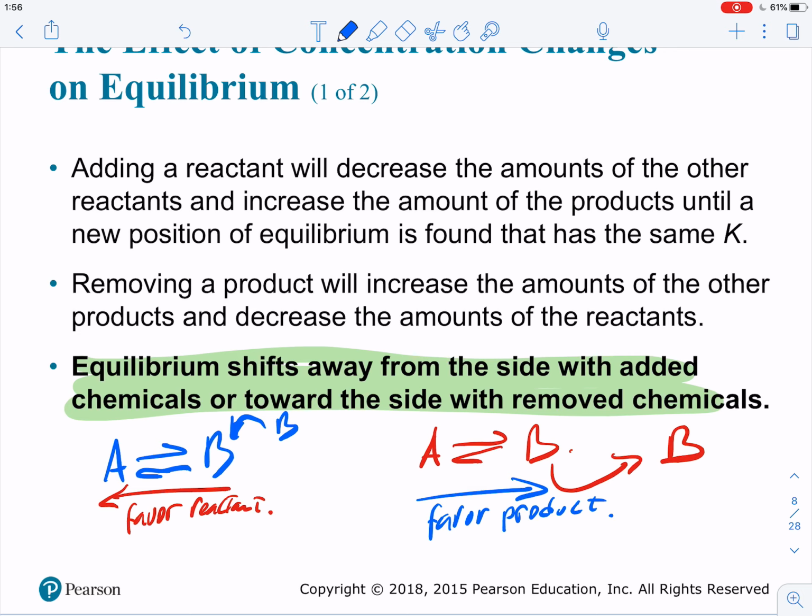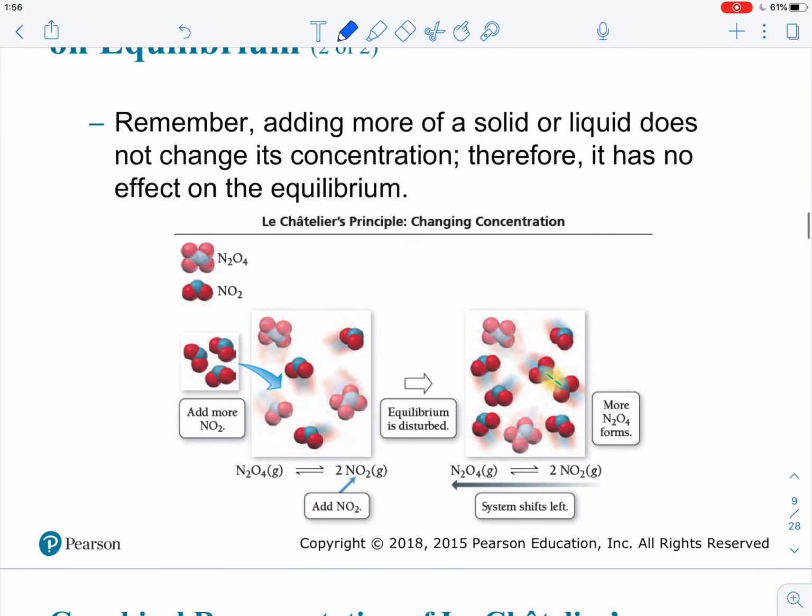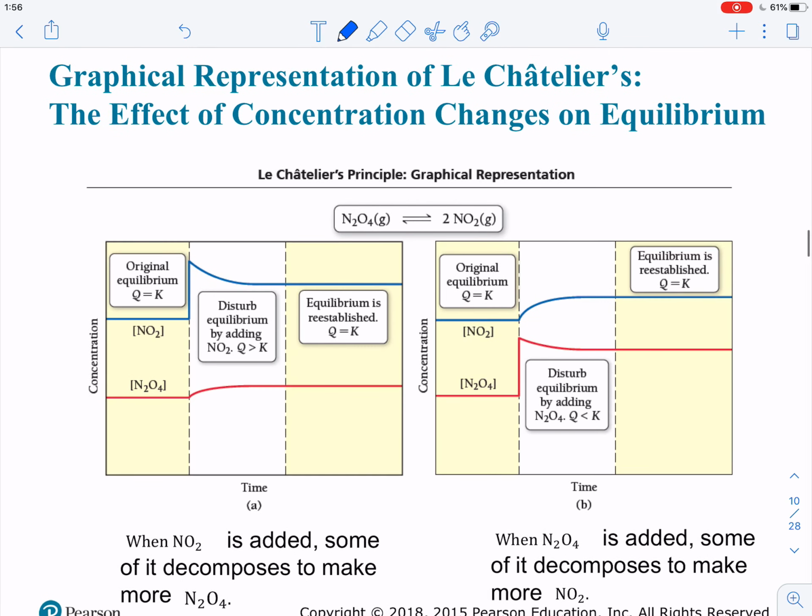Now, concentrations are not the only way in which you can do that. This is another example. I prefer to look at this one, because this is a graphical view of what's happening. So this is your initial equilibrium condition: a certain concentration of N2O4 and a certain concentration of NO2.